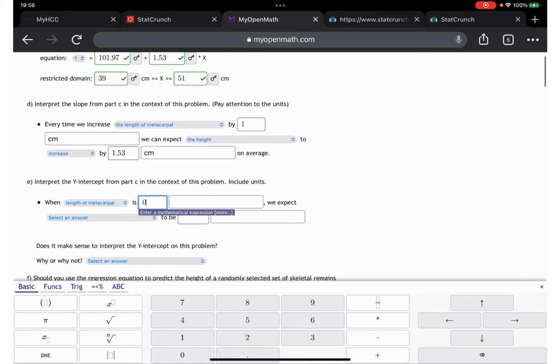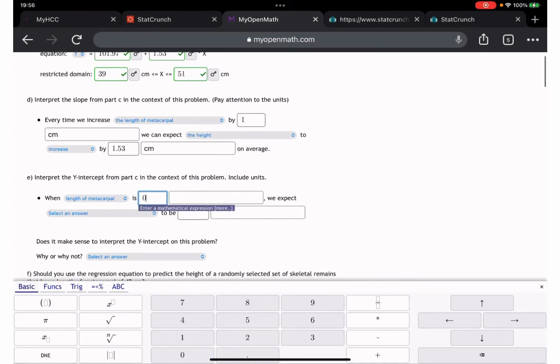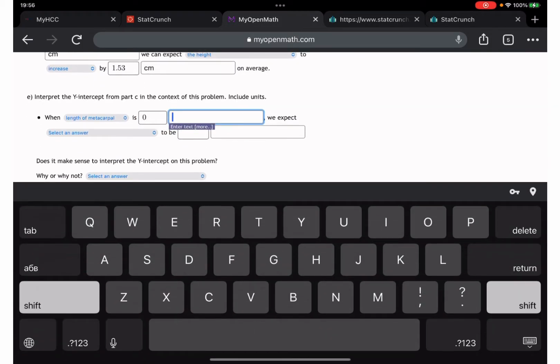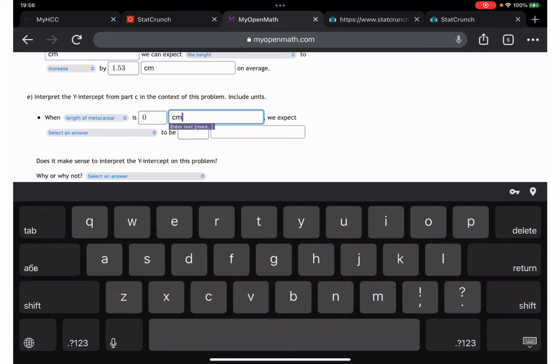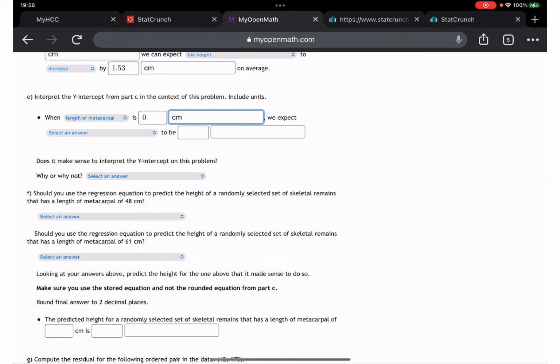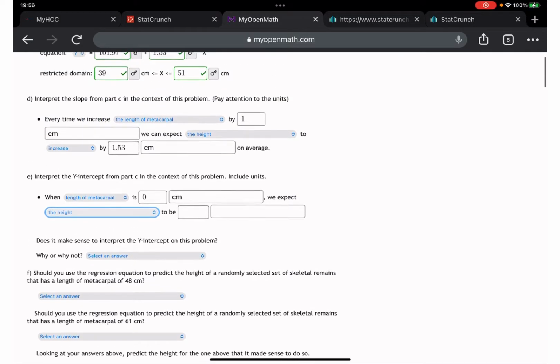So x has to be 0. X is the length of metacarpal, 0 centimeters. What do we expect? We expect the height, which is y, and our intercept to be, how much do we have here?